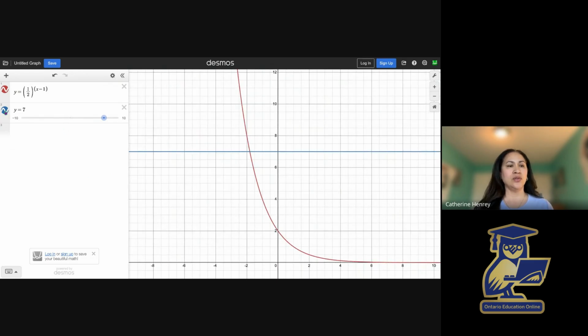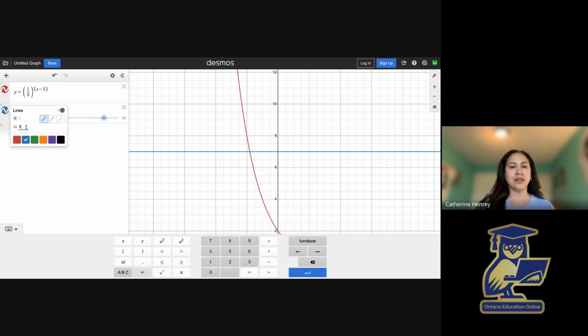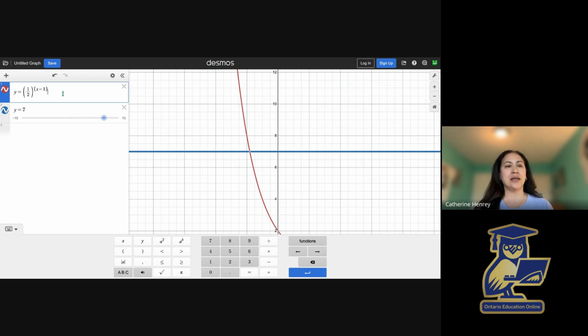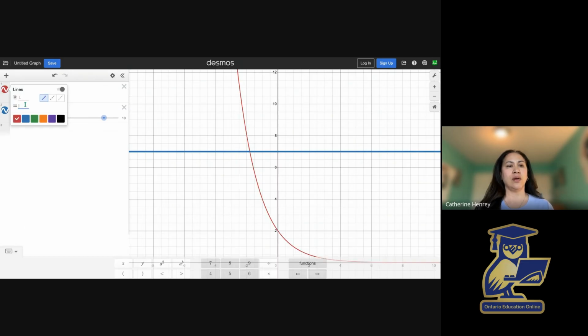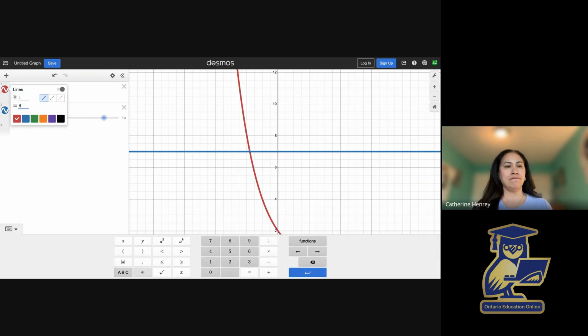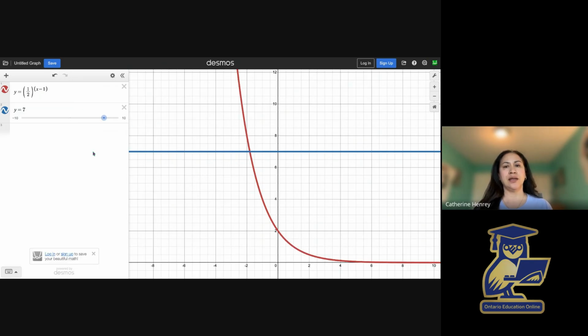If I hold this bar down over here on the blue, I can make the thickness of the line much heavier, so I'll set it at 6. I'm going to do the same thing for the red line. That just helps me when I take a look at the intersection point.